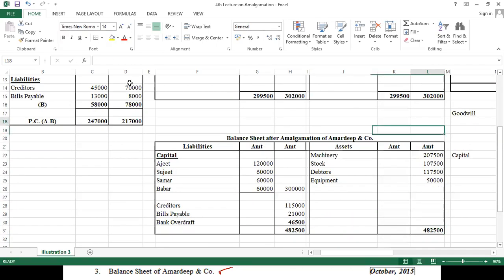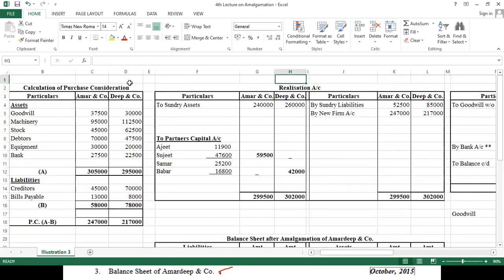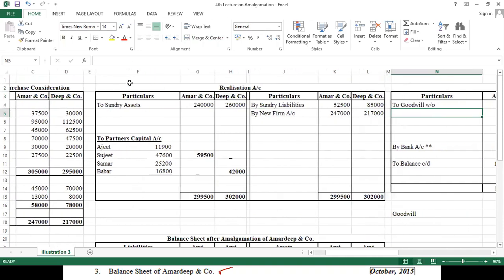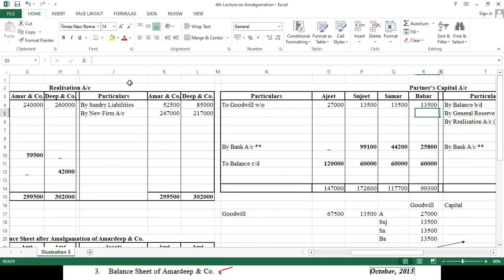So this is how we have to solve a problem where we have two important adjustment. Number one is when you have fixed capital method where the amount of capital is already given. That amount of capital is to be carried forward to the balance sheet. So for that purpose, we have to be very careful while making a partner's capital account. First of all, we have to calculate the closing balance as per the given capital.